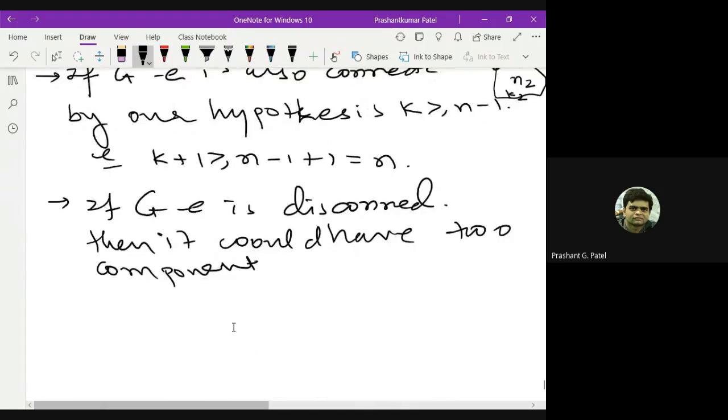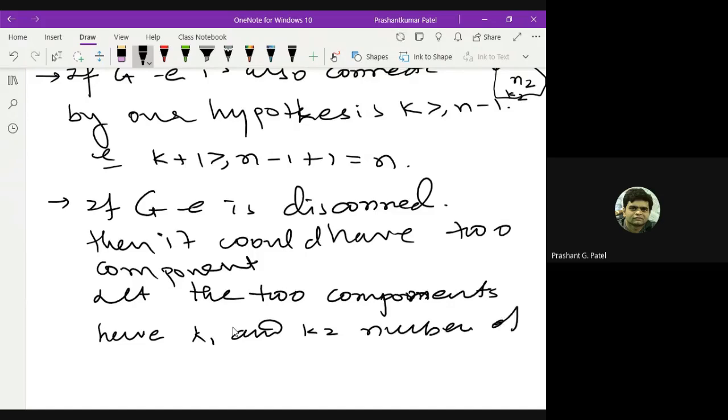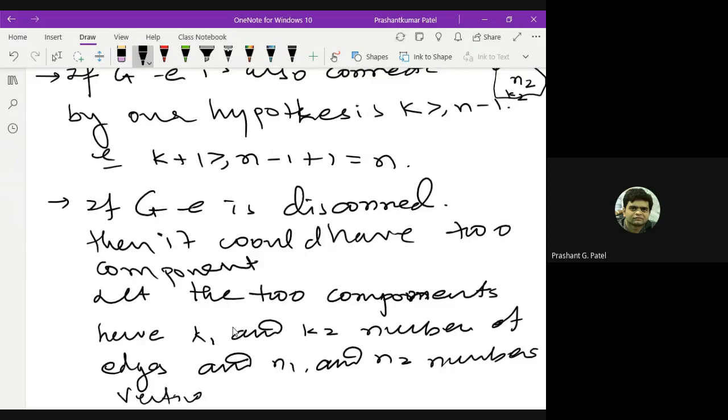So we can write, let the two components have k1 and k2 edges, and n1 and n2 vertices, respectively.